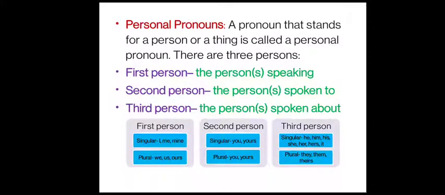You and yours are the same in second person, whether it is singular or plural. Now third person, singular: he, she, it, him, her, hers, its, and the plural forms are they, them, theirs, and so on. There are many examples. You can refer to the book for it too.